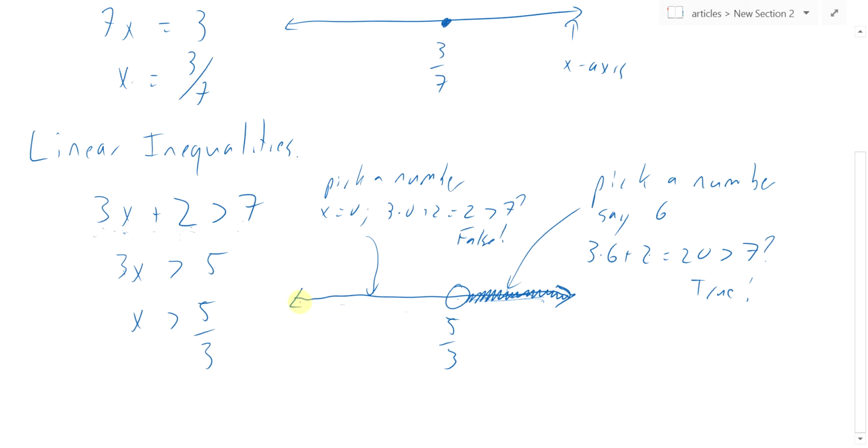So take a number from this side, plug it in for x, you get something that doesn't work. In this case, if x equals 0, you get 2, and that's not bigger than 7. So this side are numbers that don't work in this inequality. This side are the numbers that do work. 5/3 doesn't, because if you put in 5/3, you get exactly 7 on the left side, and we're actually looking for numbers that give you something strictly bigger than 7.